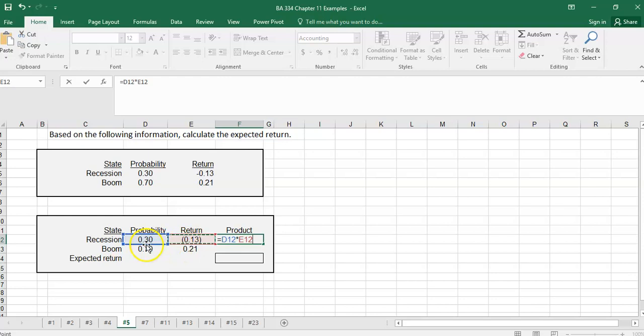So the 30% probability of a negative 13% return and a 70% probability of a positive 21% return. And so the expected return is the total of those two together. So we have an expected return of 10.8% on the stock that is being talked about in this example.